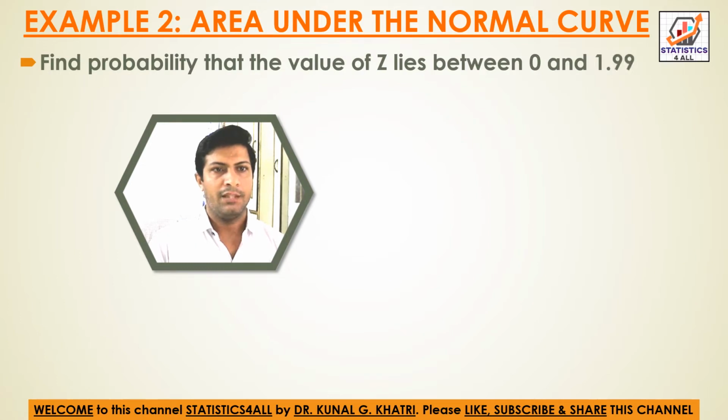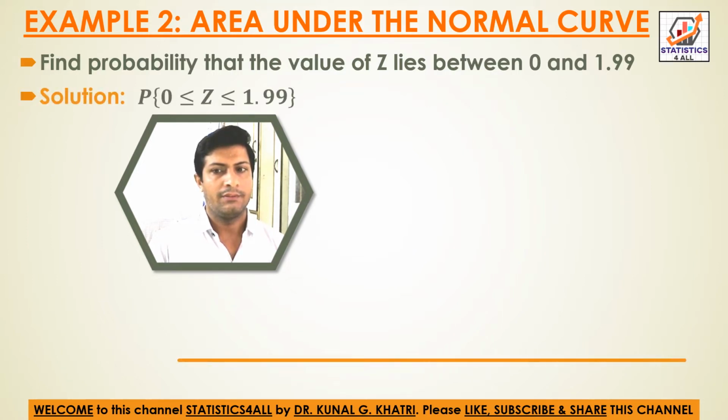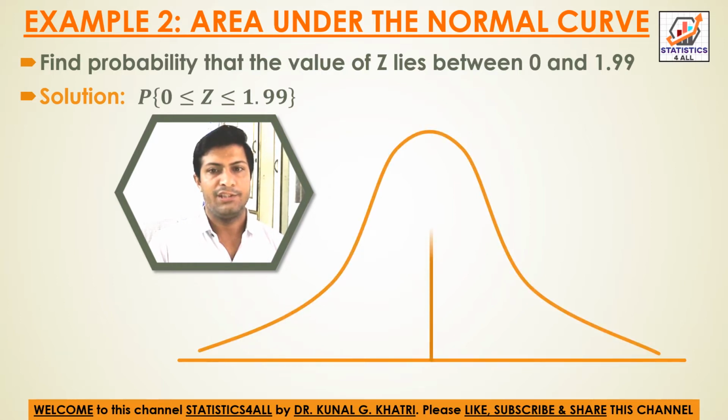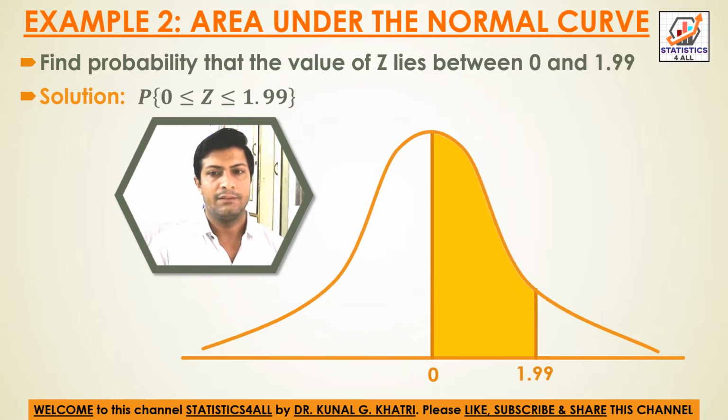Next example, find the probability that the value of z lies between 0 and 1.99. So here we can write P(0 ≤ z ≤ 1.99). So your x-axis is drawn, a bell shaped normal curve, it is 0, and on the positive side 1.99. So this yellow shaded area is the area.